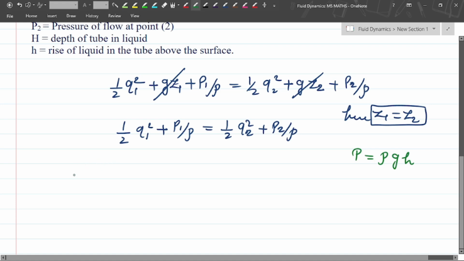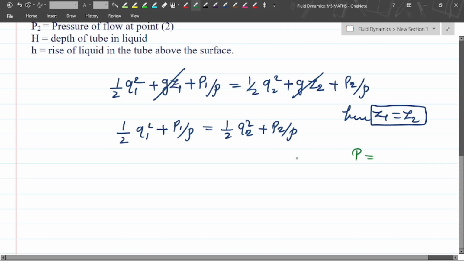So this P by rho is the pressure head. Then h plus, then we can write in this way.